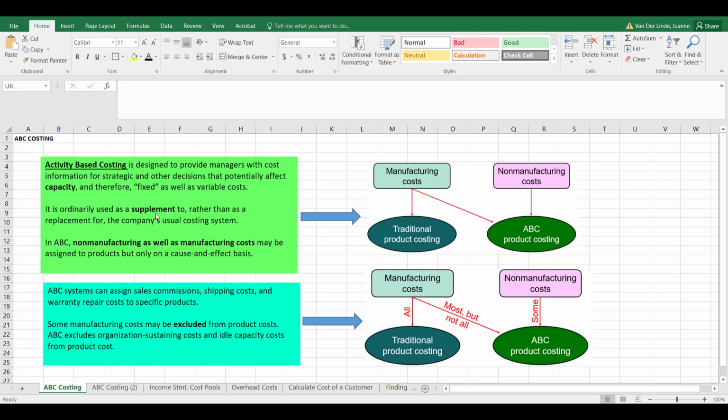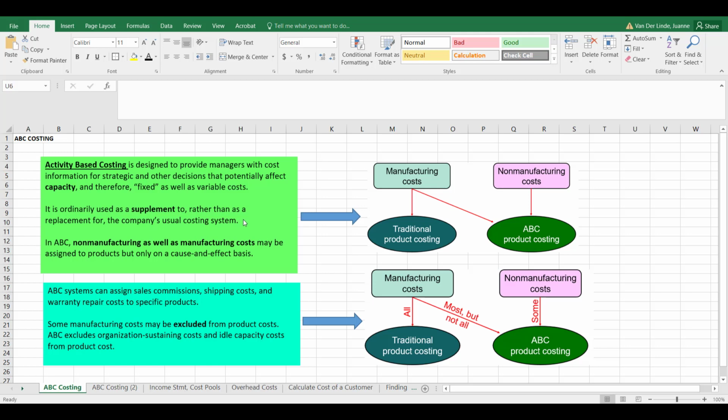Most companies won't strictly just use activity-based costing, because first of all, if you're a public company, you have to use absorption costing for external reporting, but also activity-based costing gives you just one perspective. It's important to have it as a supplement, not necessarily as the only costing system that the company is using.